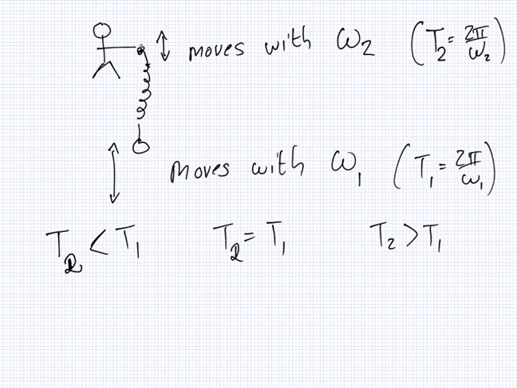If he moves this slower than the ball down here, does that mean his time is bigger or smaller than this ball's? If he's moving his hand slowly? Bigger, because it takes longer to do one movement of his hand. If he moves his hand slowly, his time is big. So that actually puts him here, okay?